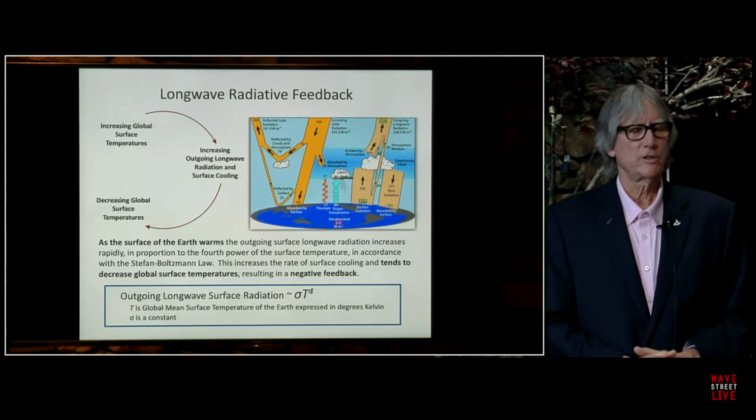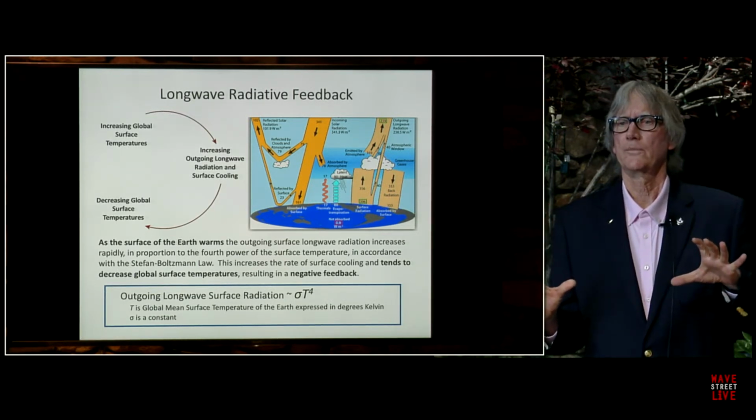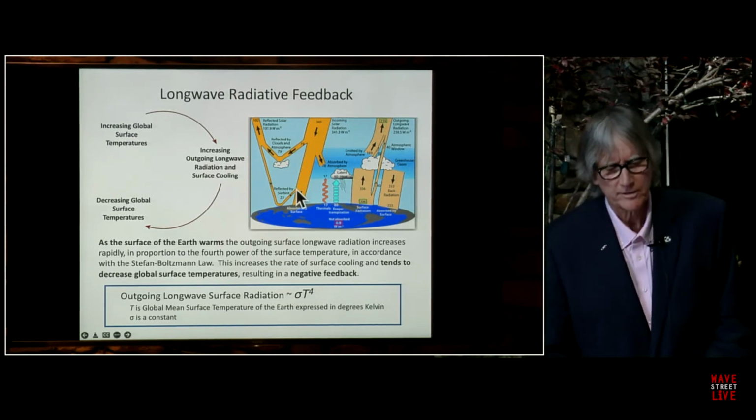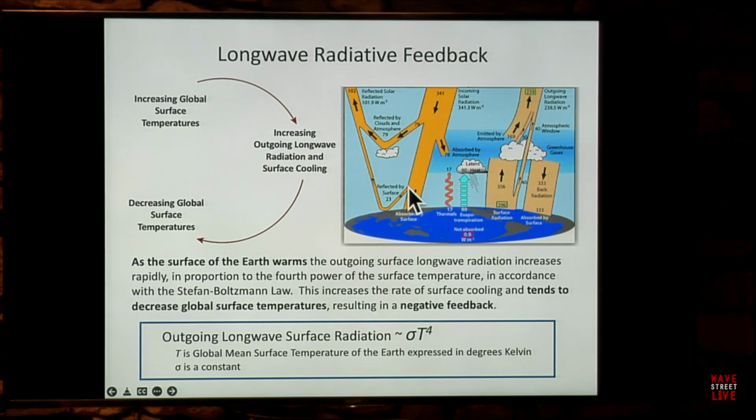And that's basically trying to cool the Earth. Because this is a negative feedback effect, when the Earth tries to warm up, this feedback effect tries to cool the Earth back down. And because it depends on the 4th power of the temperature, small changes in temperature will produce a large change in outgoing surface radiation.